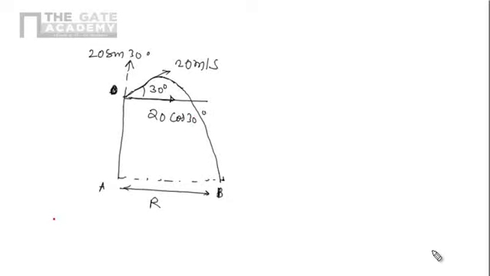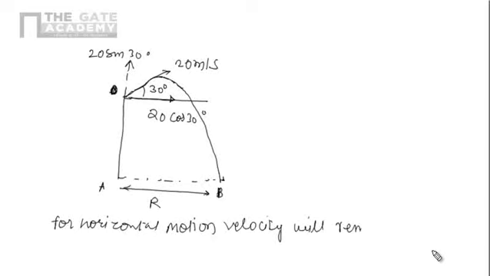So for horizontal motion, velocity will remain the same. In the horizontal direction, we are having 20 cos theta, which is 20 cos 30 degree.